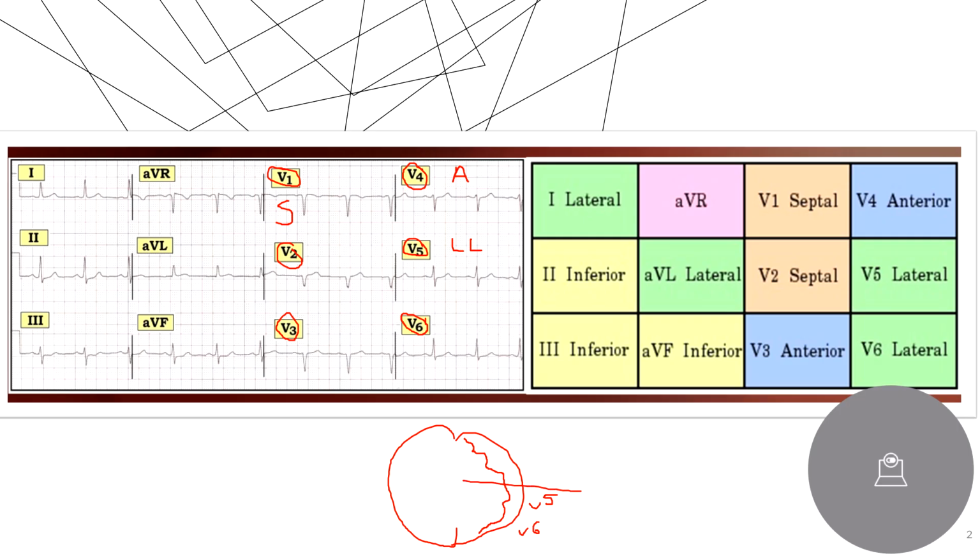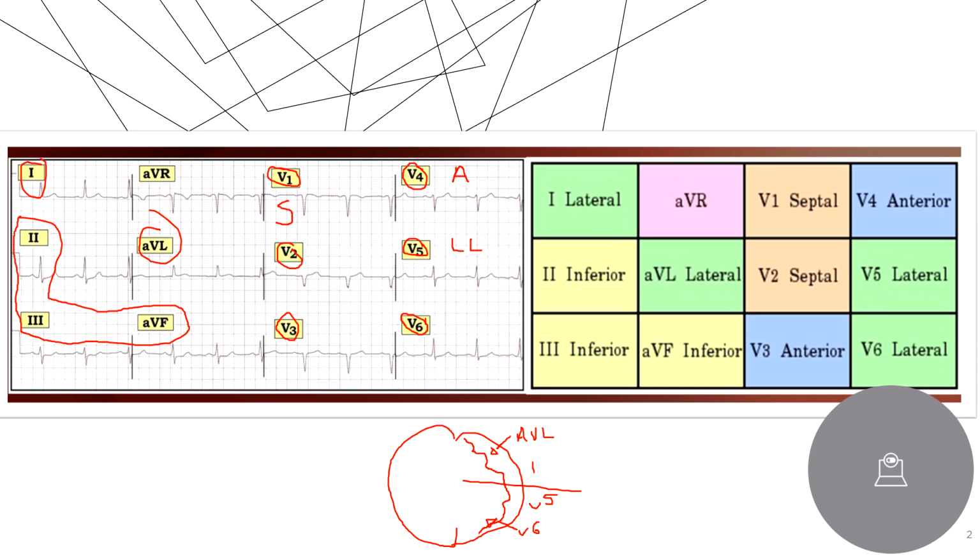Then we'd come to high lateral, which is 1 and AVL, and that's up here. 1 would be here, and we'd see AVL up here, and these are looking in like this. So that's that. Then, of course, probably the most popular is 2, 3, and AVF.